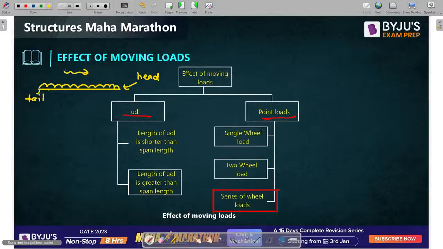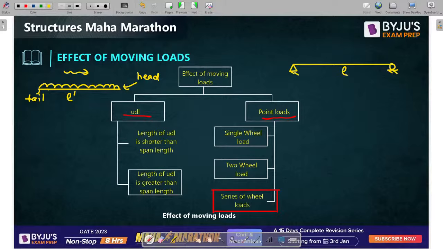And if it is opposite, that means it is moving right to left, then this one is head and this is tail. Let us consider this is the length L dash. That means the length of UDL is L dash. And let us suppose we have a structure whose span length is L.